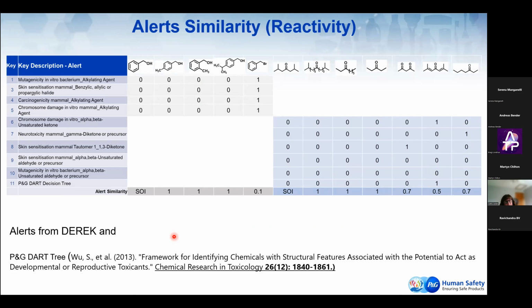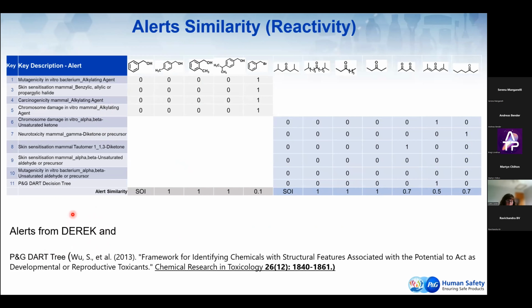In that case, the keys in our similarity fingerprint consist of alerts, and we use DARIC alerts, and we also use alerts from an internal DART assessment tool that was developed.